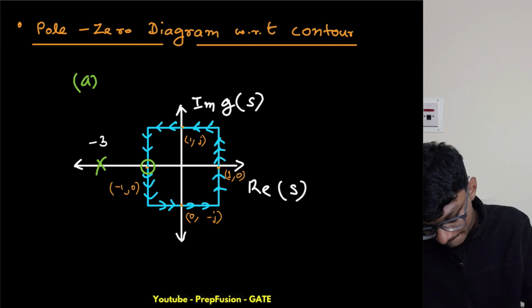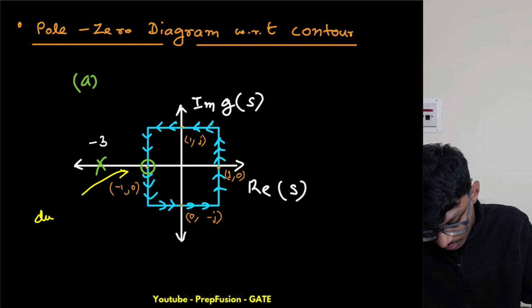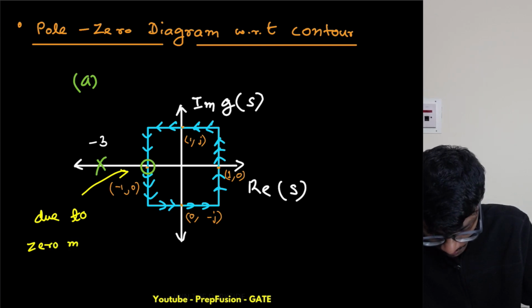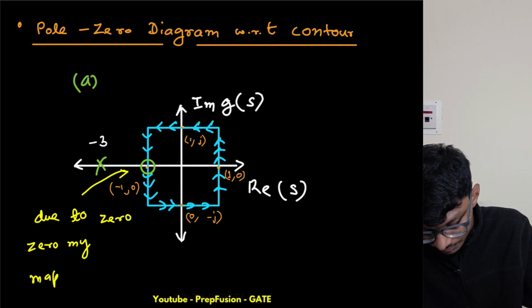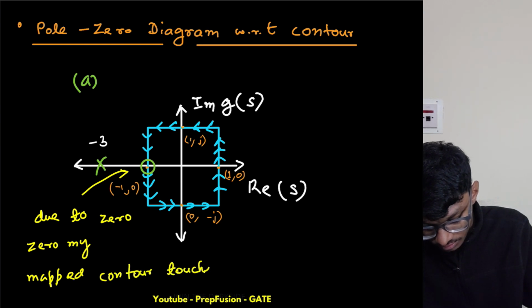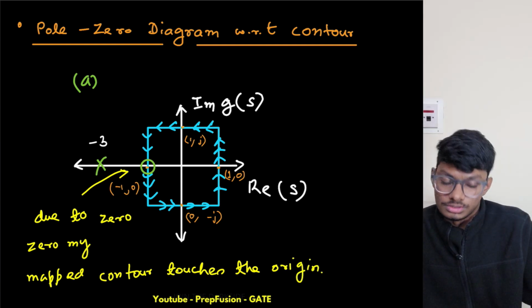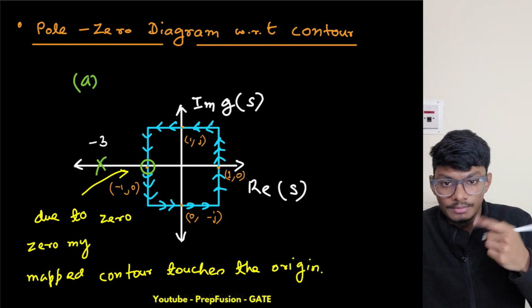Due to this 0, my mapped contour touches the origin, and the direction is also the same as the contour itself.